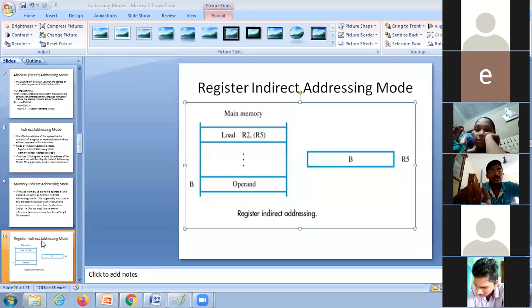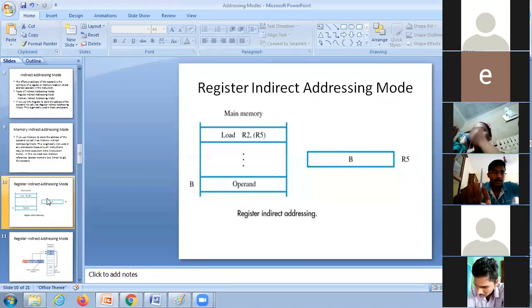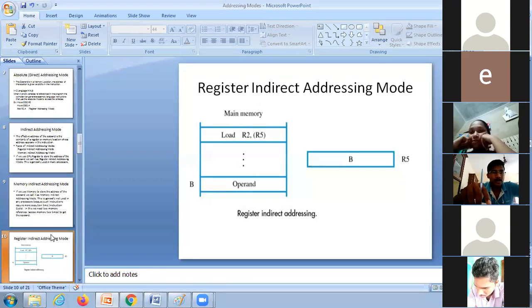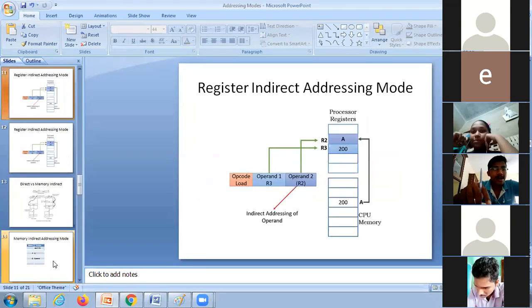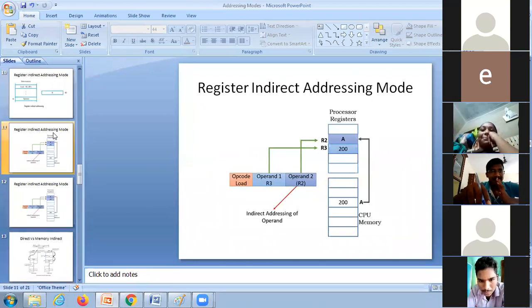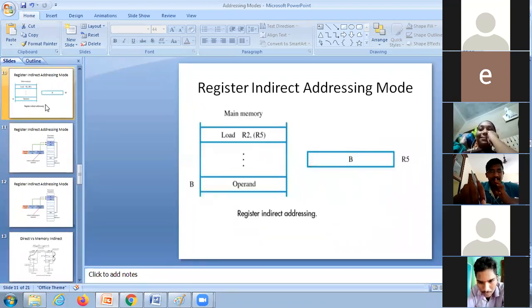Are you able to do or not? Tell me. Explain this. Diagram, sir. Yes, this diagram you explain it.